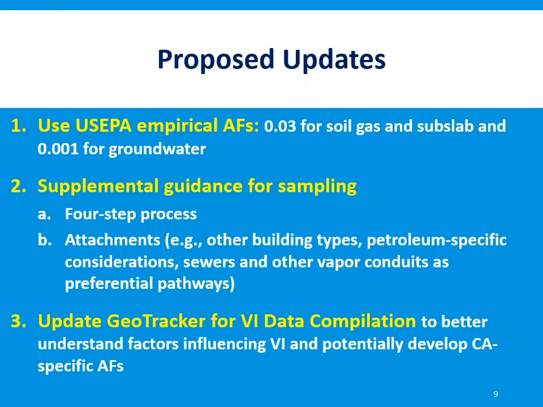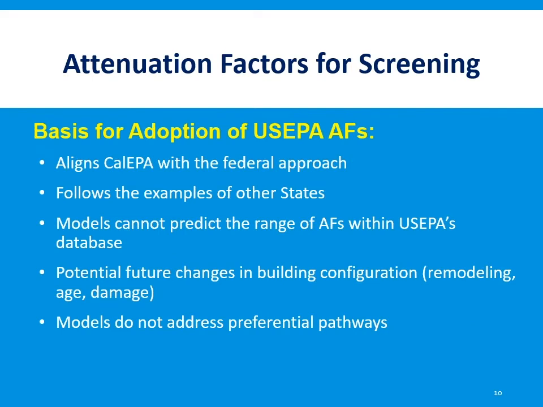This allows us to bring together data gathered on a site-by-site basis to evaluate vapor intrusion, to create a unified California-specific database. The database can be used to better understand the factors influencing vapor intrusion and potentially develop California-specific attenuation factors. The guidance adopts US EPA's 2015 attenuation factors for screening.